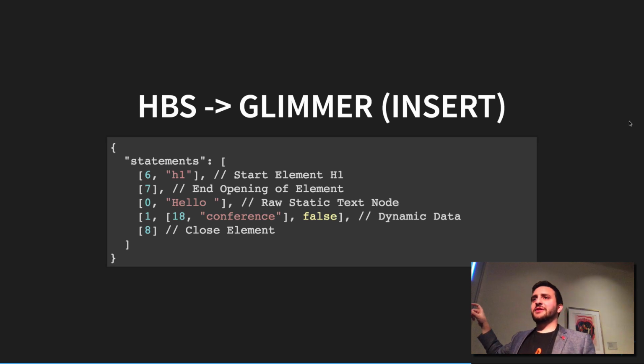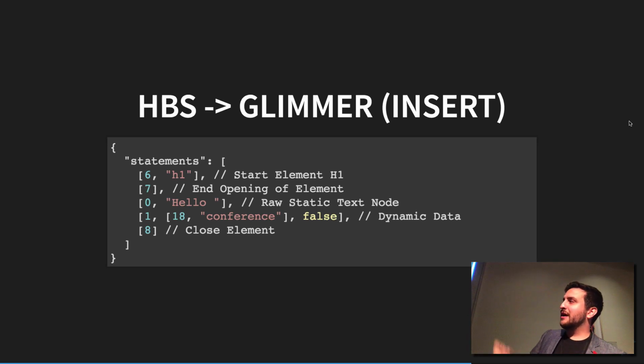And what's cool about this is inside of this component representation, we actually know everything that can change and everything that can't. So when we insert an element, and that's why I've got the insert at the top, we have to say create a new h1, end the opening tag, create a new text node, and we're going to create a separate text node actually for hello and the conference variable, and then we're going to close everything up.